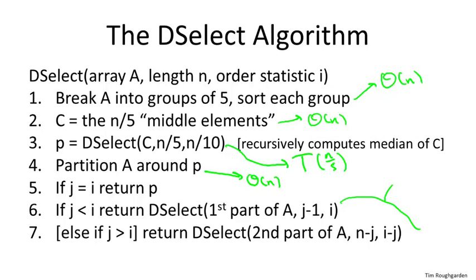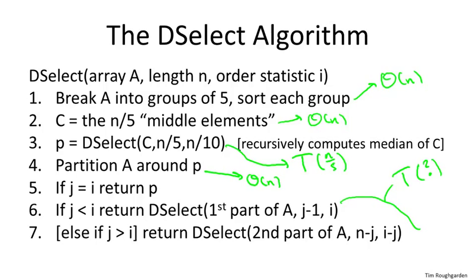But for line 6 or 7, the size of the input array that gets passed to the recursive call depends on how good the pivot is. It depends on the splitting of the array A into the two parts, which depends on the choice of the pivot P. So at the moment, all we can write is T of question mark. We don't know how much work gets done in that recursion because we don't know what the input size is.